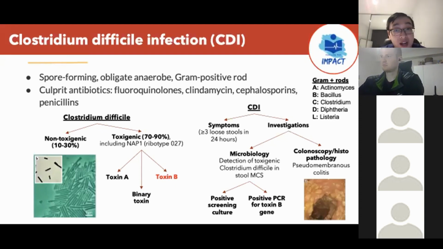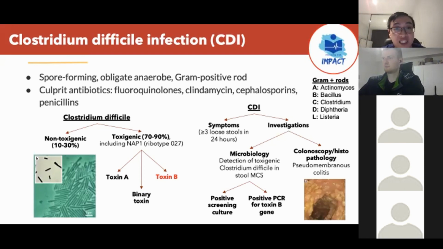The first thing they do is a screening culture of that stool sample to determine the presence of Clostridium difficile. Remember, just culturing Clostridium difficile doesn't diagnose Clostridium difficile infection, because you could be culturing a non-toxigenic strain. So the next thing they do is a PCR to look for the presence of the toxin B gene.